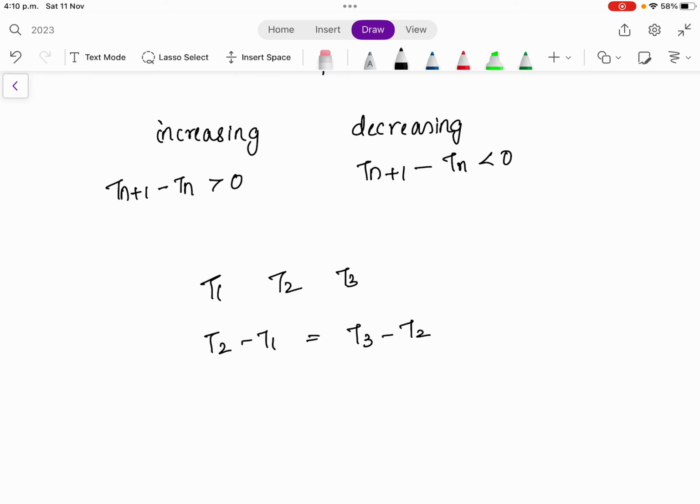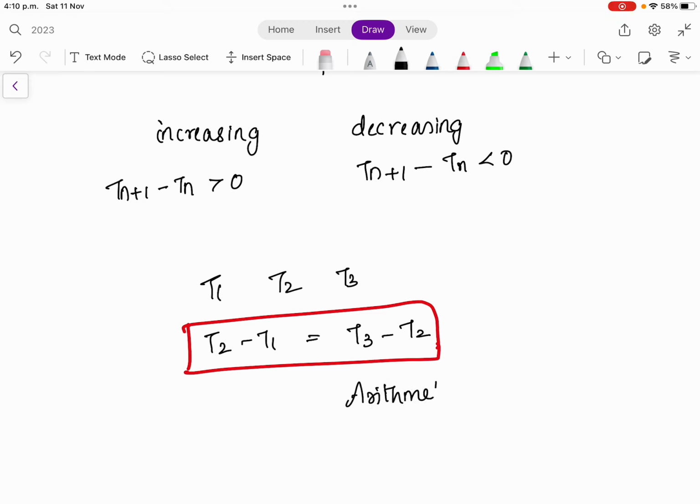If this condition is satisfied, then we can say that it is an arithmetic sequence. Sorry, it's not series, it is sequence, arithmetic sequence. So you find the common difference here and the common difference there, and if they are equal, then it is an arithmetic sequence.